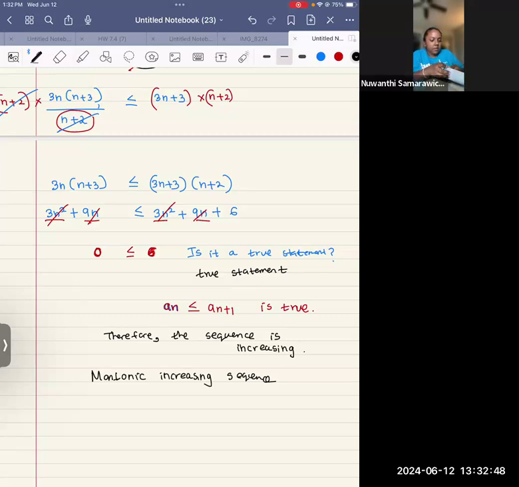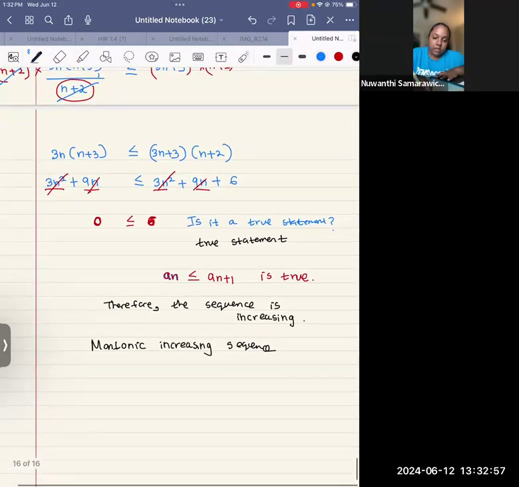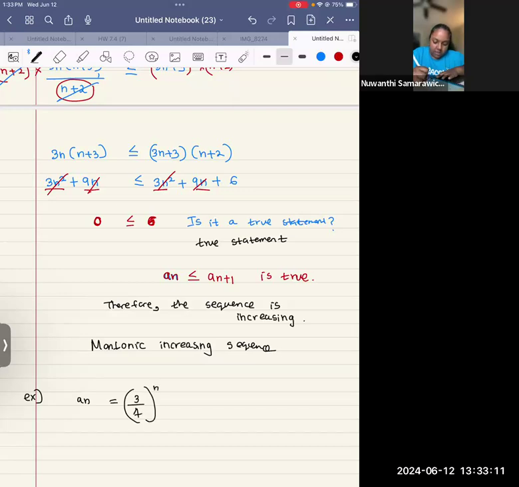Okay. So same thing. Can you all check this example? Same way, take some time to find whether these are the same steps. Can you all check whether this one is monotonic? If it is monotonic, is it monotonic increasing or monotonic decreasing?